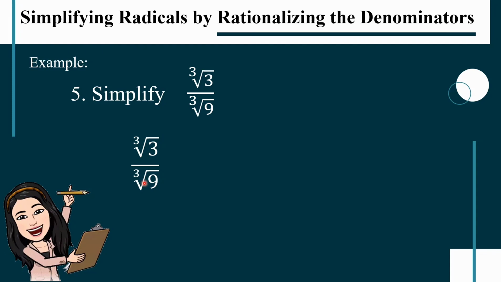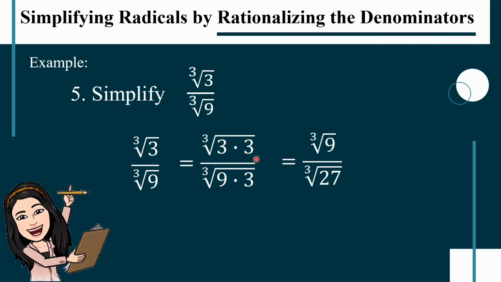Okay, that would be very good. That would be 3. Kasi 3 times 9 is equal to 27. Ang 27 ba ay perfect cube? Yes po. Okay, so let us simplify. 3 times 3, 9. And 9 times 3 is 27. What is cube root of 27? Very good. That would be 3.